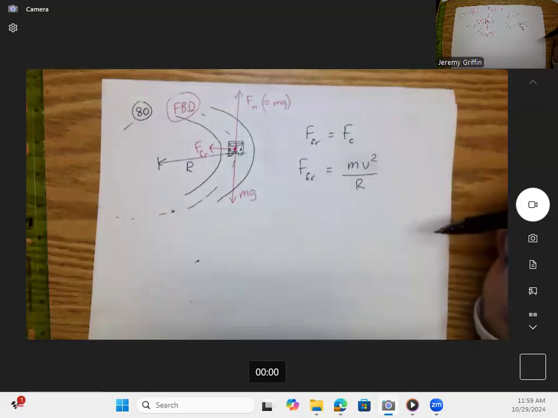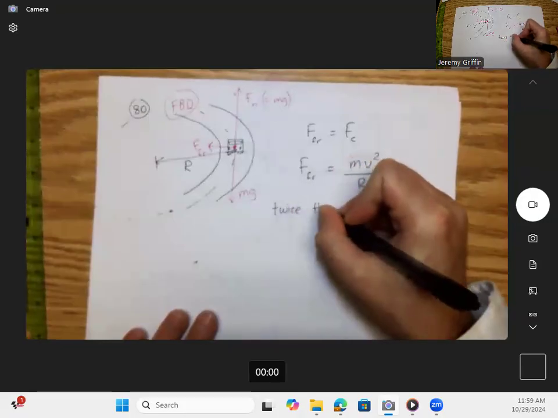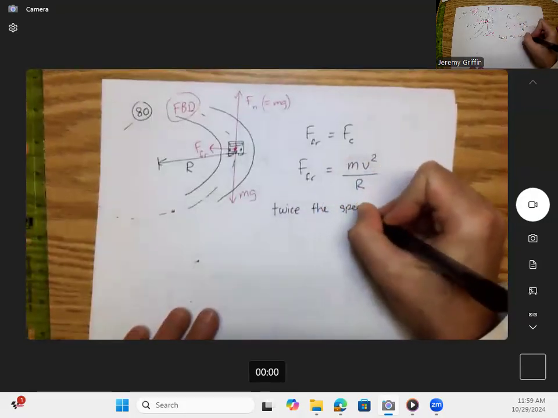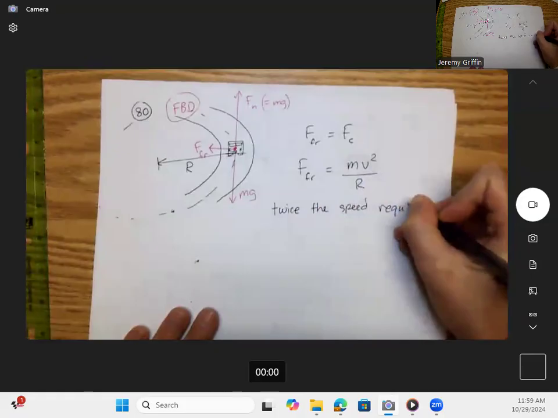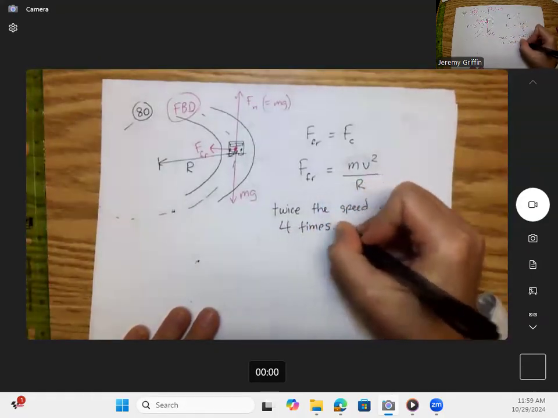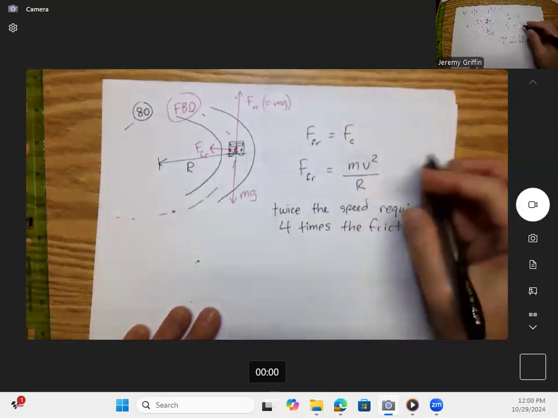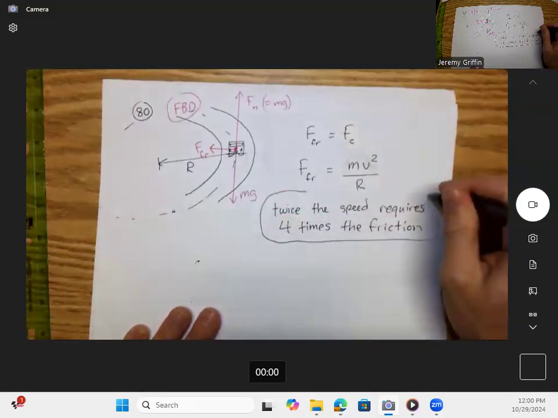The answer is 4 times. Right. So here, I'll jot that down: twice the speed requires 4 times the friction. That's the answer.